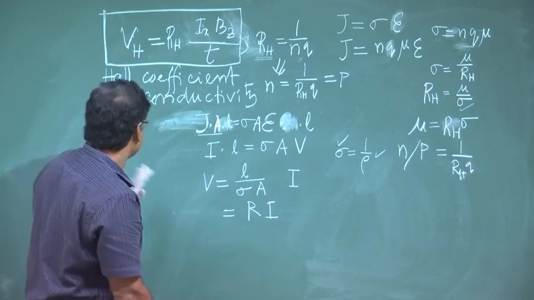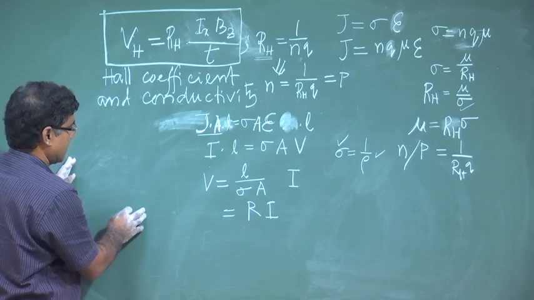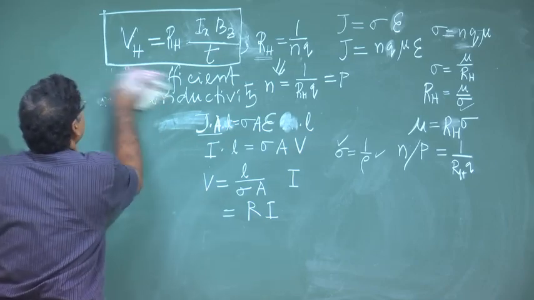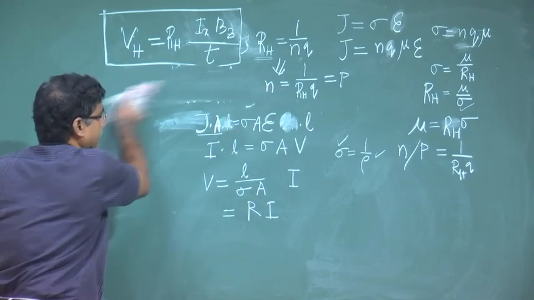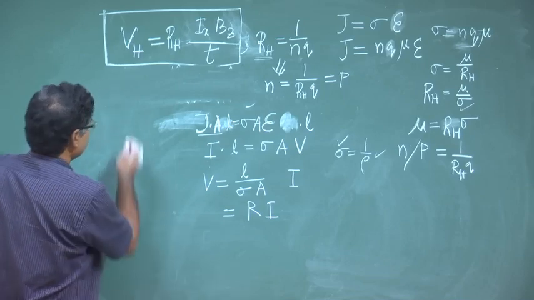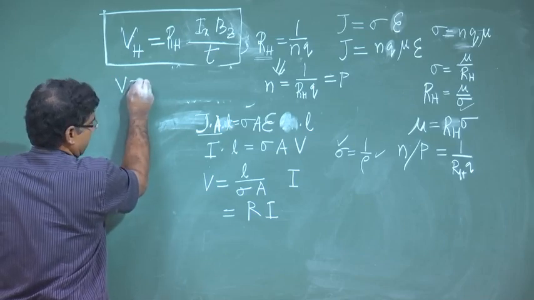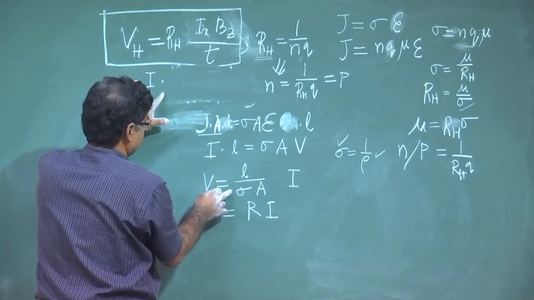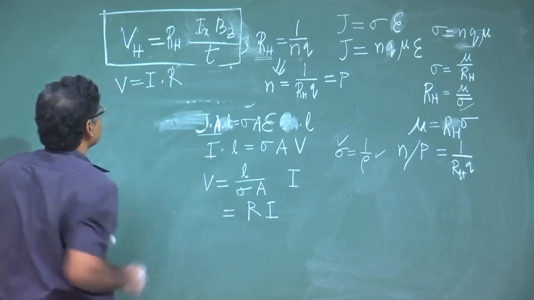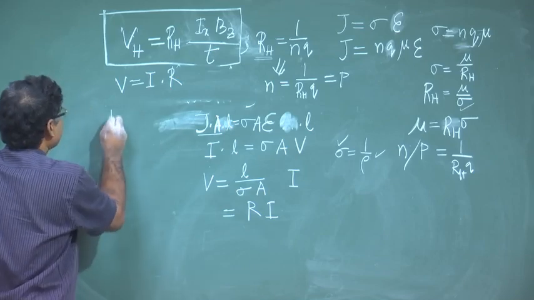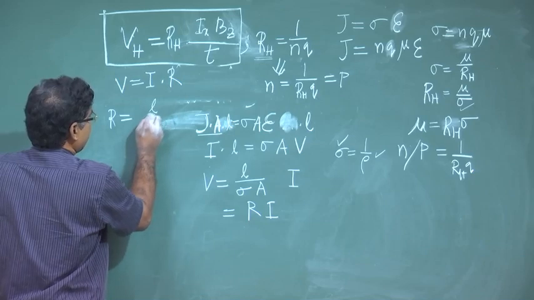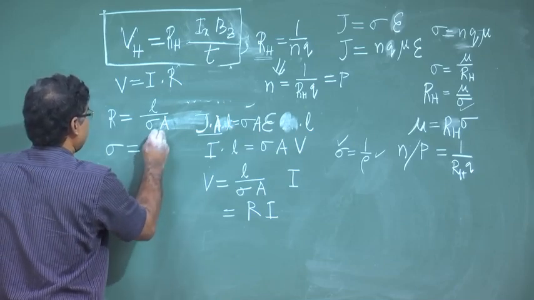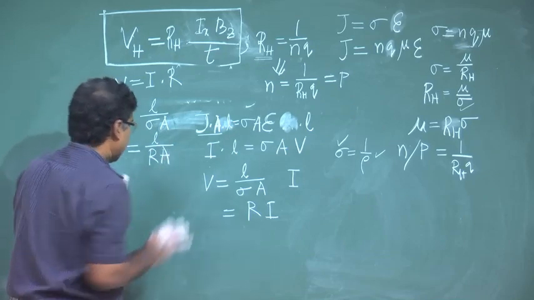So, I have now a suitable formula, V equal to I R, where R equal to L by sigma A. So, sigma equal to L by R A. Okay.